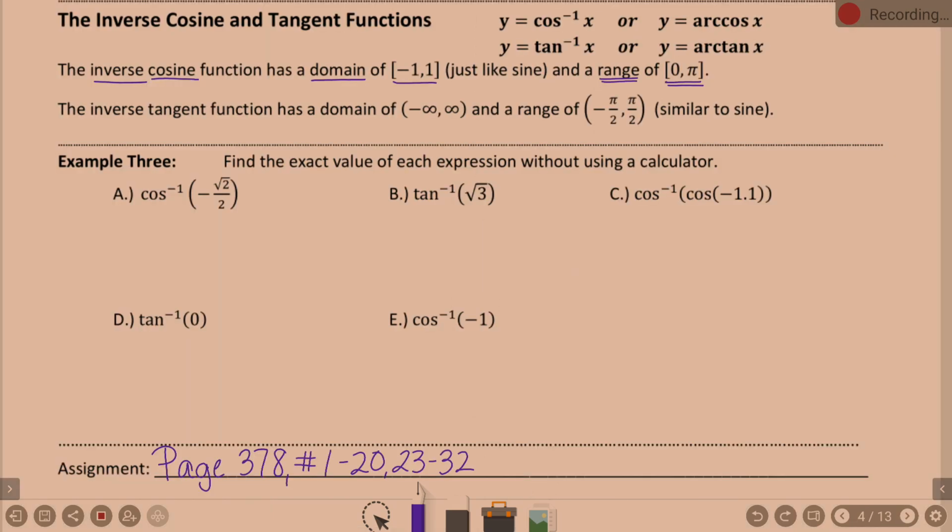Inverse tangent function. Here's a big difference. Domain of negative infinity to positive infinity. So inverse tangent function, the one where anything works for the domain. Your range, negative pi over 2 to positive pi over 2. Similar to sine, but is it the same as sine? It doesn't include them. If you look back up at sine inverse, pi over 2 and negative pi over 2 were included as options.